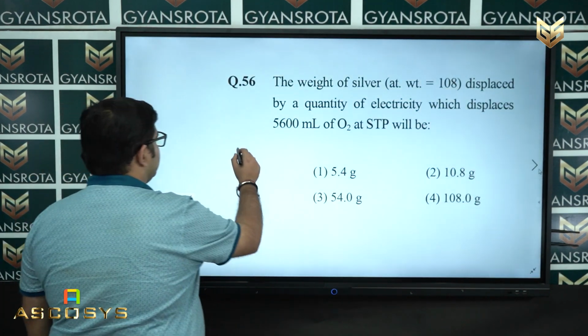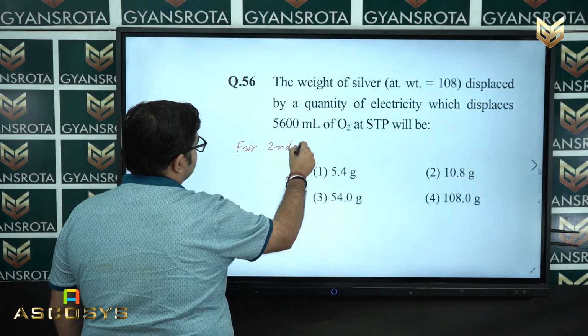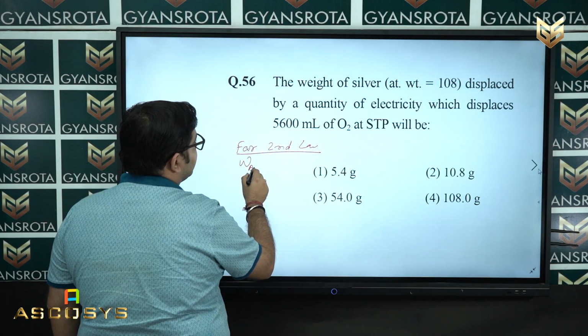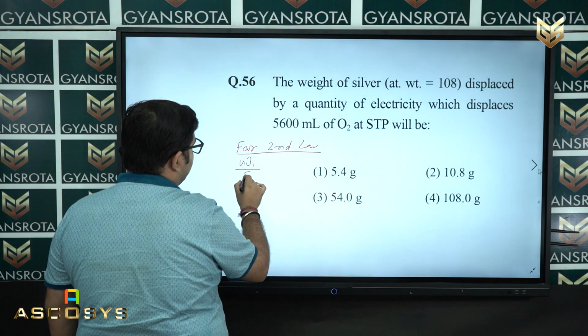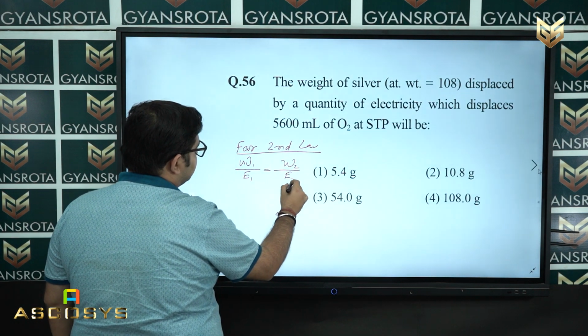If you see Faraday's second law, what it says is W1 by E1 is equal to W2 by E2.